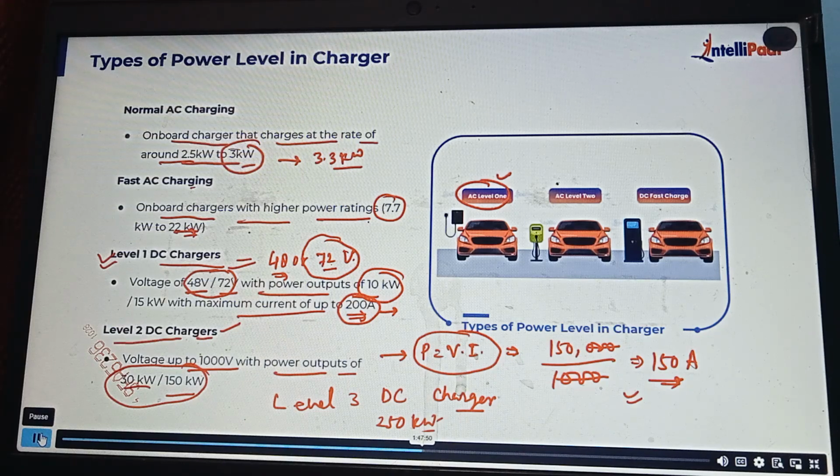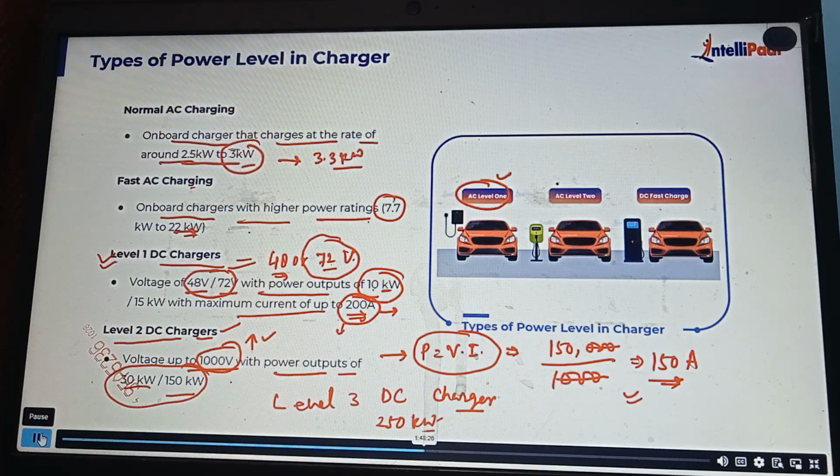In level 2, what they have done is only increase the voltage level here. Because if voltage level is very low, I cannot increase the power level, because again you have to increase the magnitude of current. Suppose I'm talking about a 100 kilowatt charger, then this current may go to 2000 amps or more than that. And designing a 2000 ampere cable as compared to 200 ampere is quite challenging.